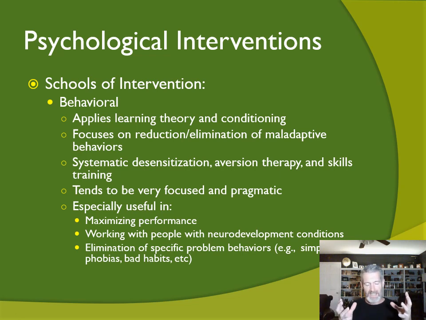And the idea is that you start pairing the Oreo with all of its positive associations with the negative experience of this relatively incidental, relatively minor pain. And it actually, again, works pretty well. And then we already talked about skill training. So this stuff, again, is very, very pragmatic. It's useful in sports psychology, in maximizing performance in difficult situations.